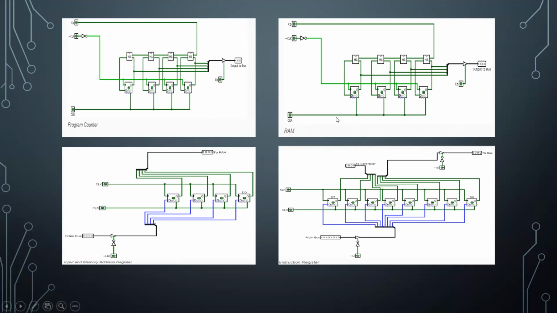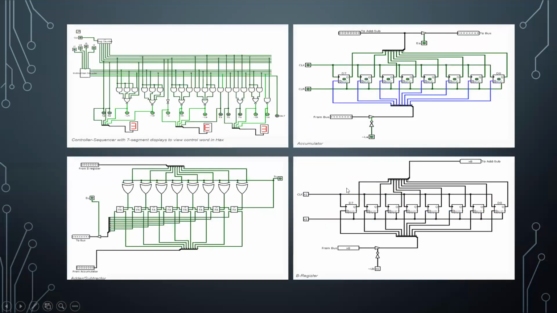And RAM. We have RAM, input and memory address register, instruction register. Next is the controller sequencer with 7 segment display to view the control word in X.